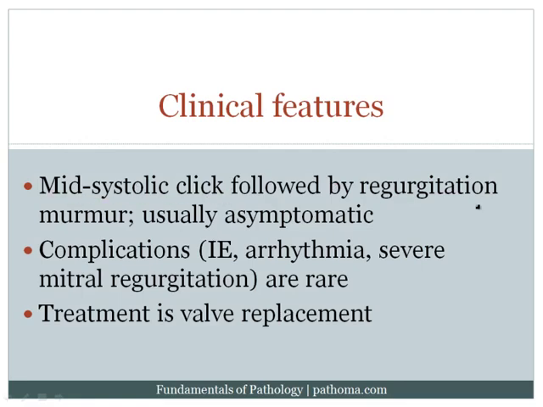Now, in addition, there can be some regurgitation back across that valve. There doesn't always have to be, but it often is present. The complications of mitral valve prolapse are rare, but they include infectious endocarditis because the valve will be damaged over time, arrhythmia, and severe mitral regurgitation. Of course, as this valve is clicking backwards, it's going to get stretched, and as it gets stretched, that's going to result in some leakiness to this valve, which would then result in mitral valve regurg.